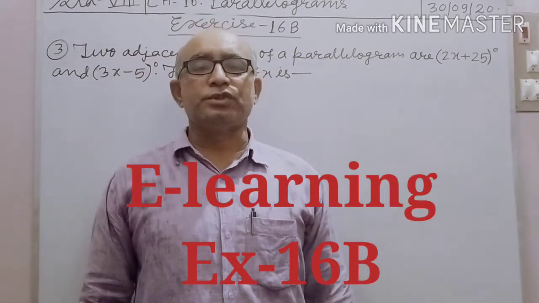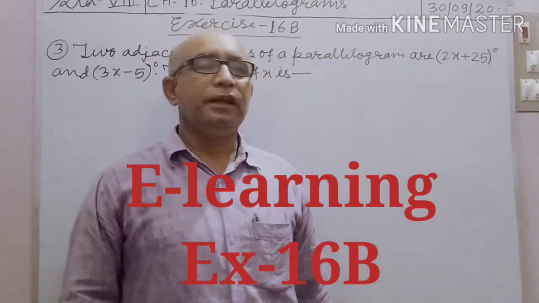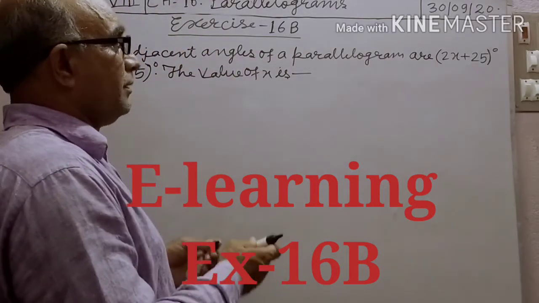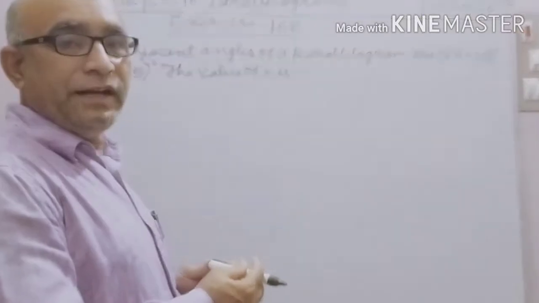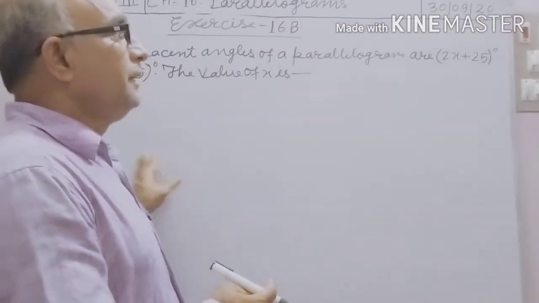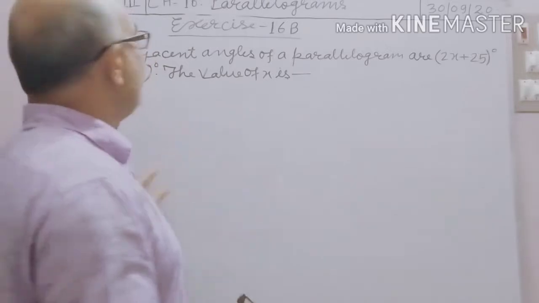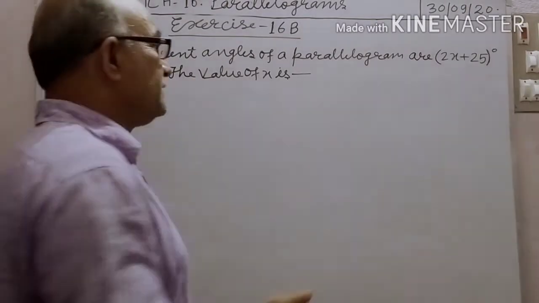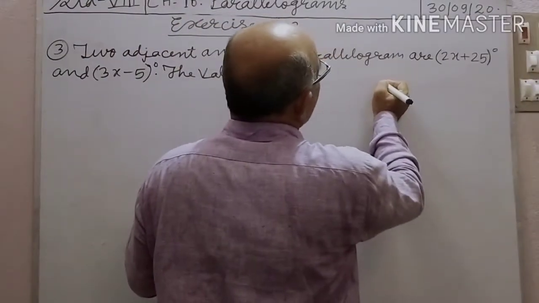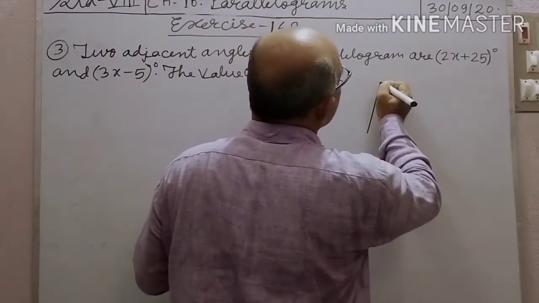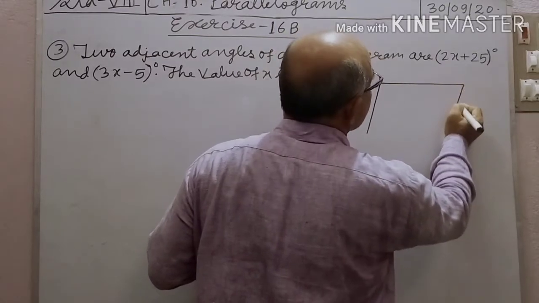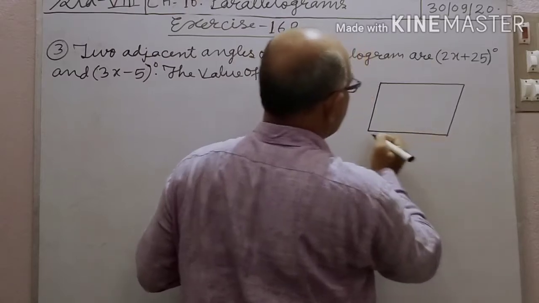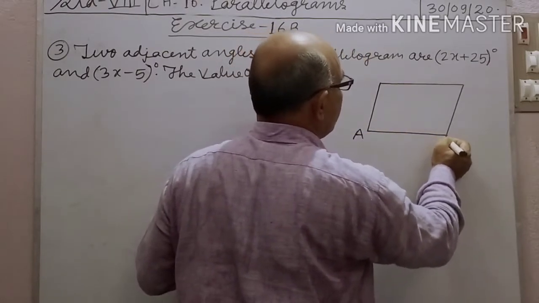Students, next question is question number 3. In this question, two adjacent angles of a parallelogram are 2x plus 25 degree and 3x minus 5 degree. The value of x is? So draw a figure of parallelogram ABCD.